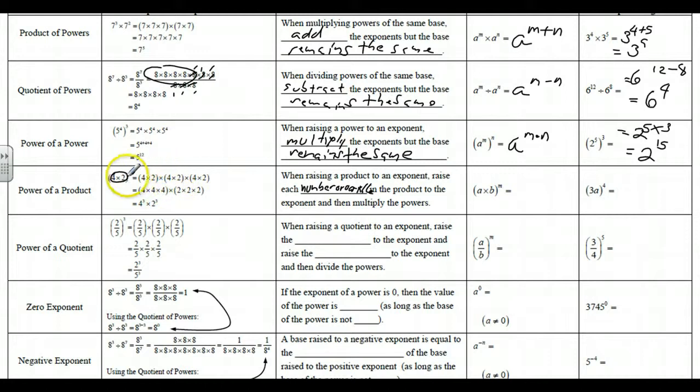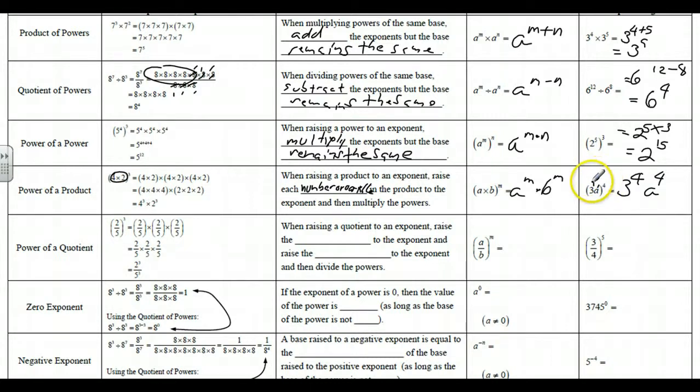Because it may not always be 2 numbers, as we could see in this example. So we separately take a to the power of m and multiply that by b to the power of m. So this becomes 3 to the power of 4 and a to the power of 4. Remember, this is a 3 to the 1 and an a to the 1.